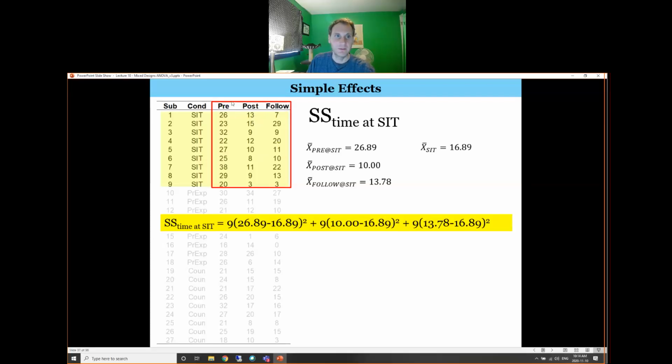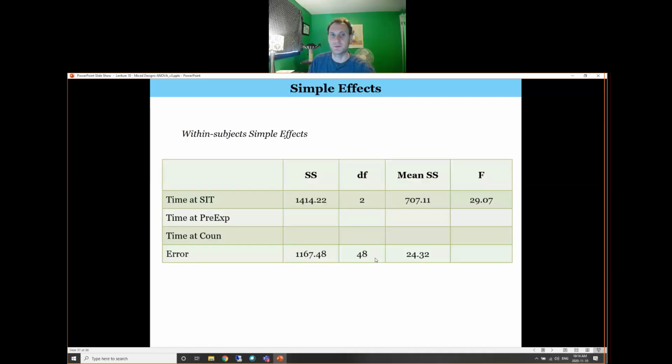Right? 9 people made up this pre at SIT mean. 9 people made up this post at SIT mean. So we're going to multiply by the number of observations there. I can do that for time at SIT and find the sum is 1,414.22.